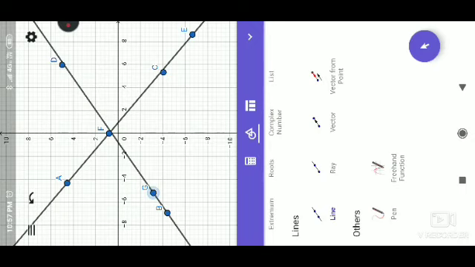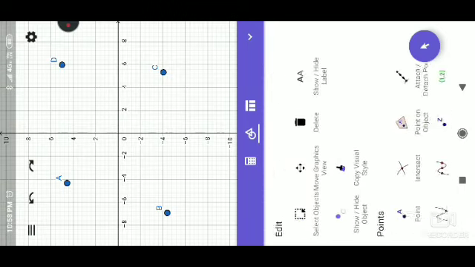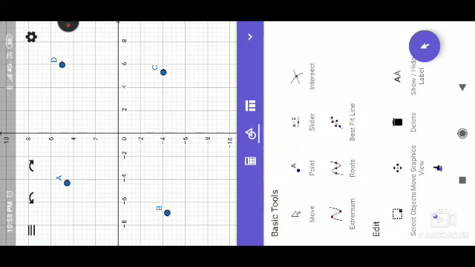In this way, you can use the GeoGebra software to understand plane, line and point, parallel lines and intersecting lines for better understanding. You just try it from the Play Store, or just download the GeoGebra app and try to do this.